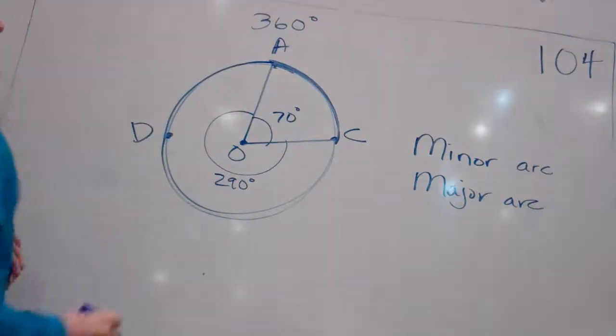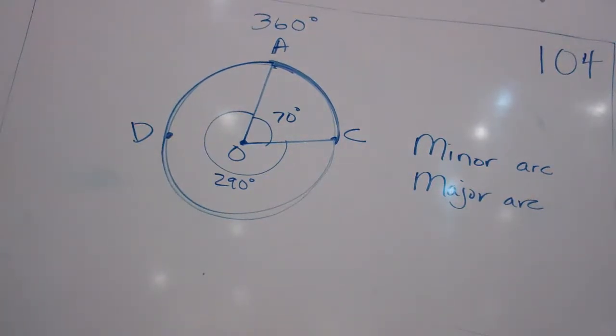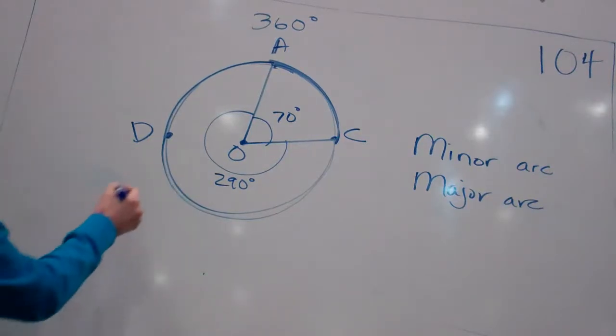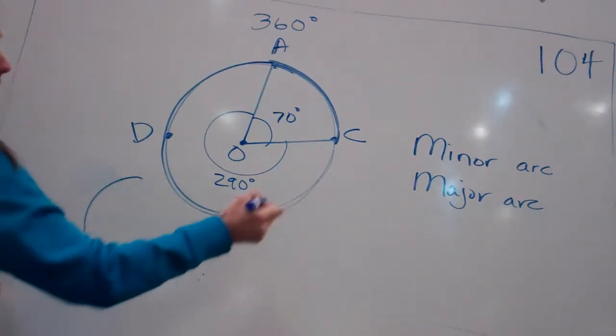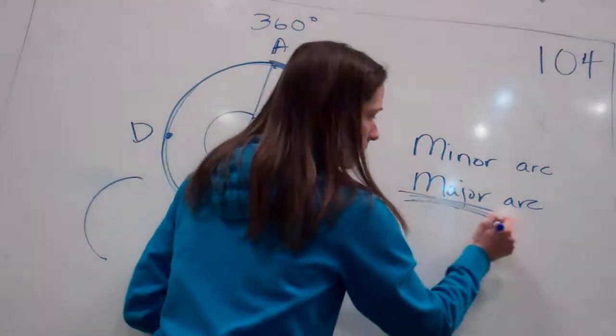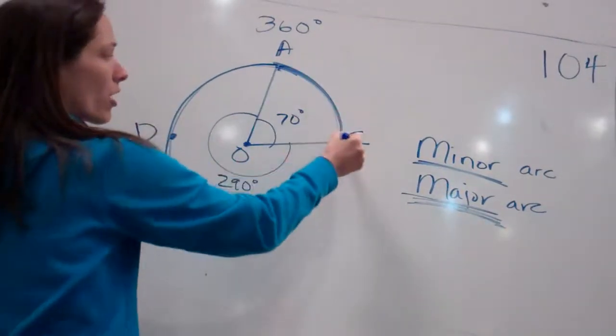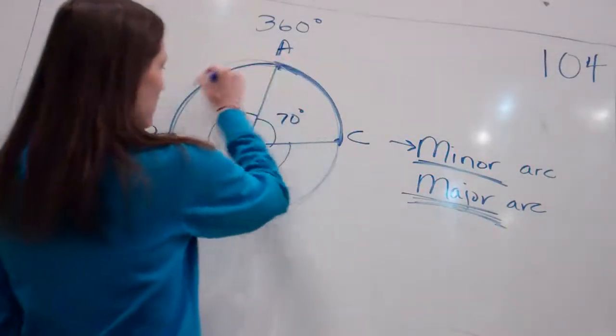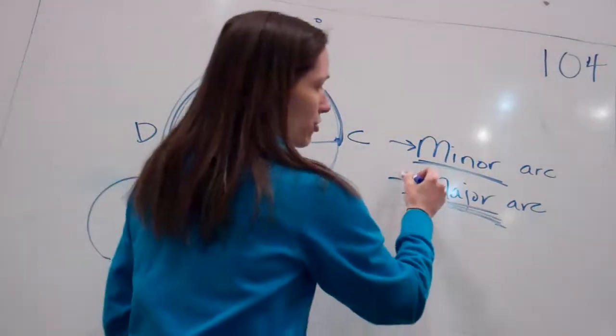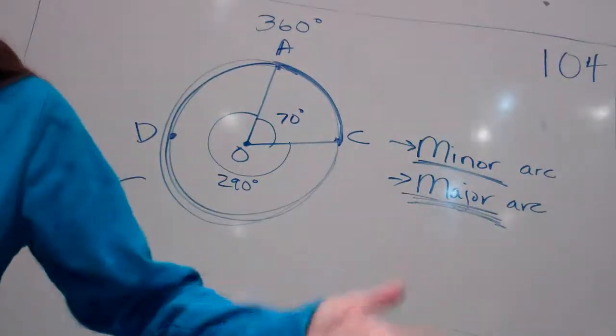So anything past a semicircle, if it's bigger than a semicircle arc, is considered a major arc, which makes sense. Major is bigger, minor is smaller. So a smaller arc is called a minor arc, and a bigger arc is called a major arc.